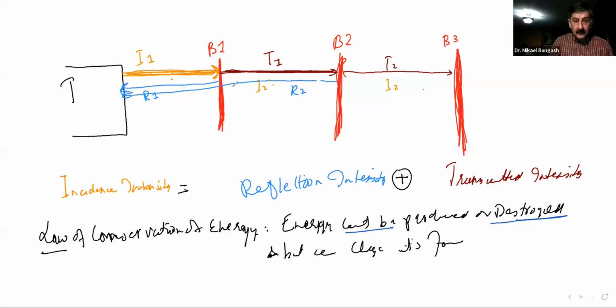So each incidence, because what we know is that the intensity of incidence 1 is going to be greater than the intensity of incidence 2, which is going to be greater than the intensity of incidence 3.